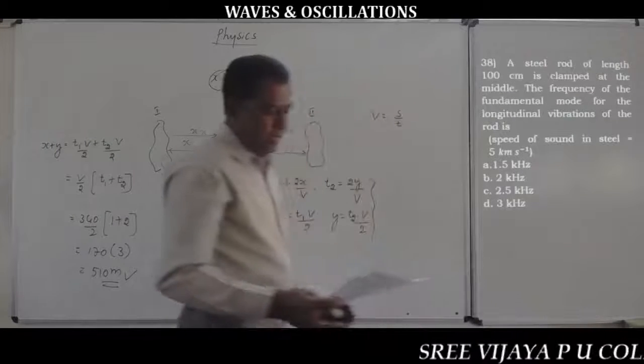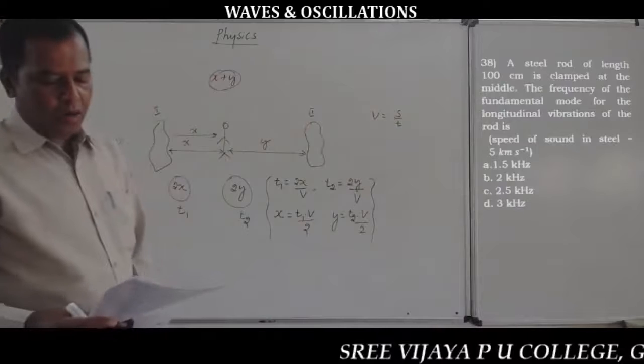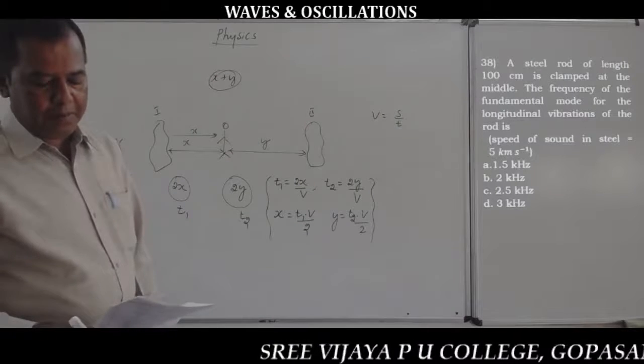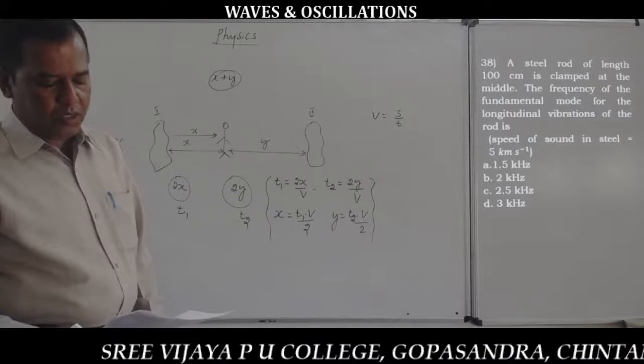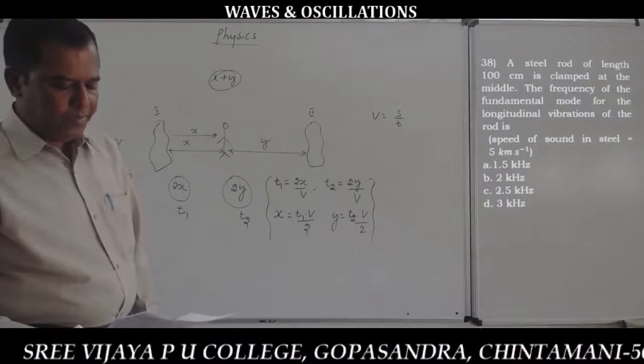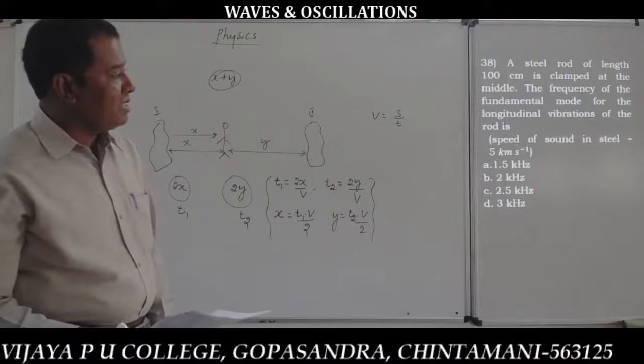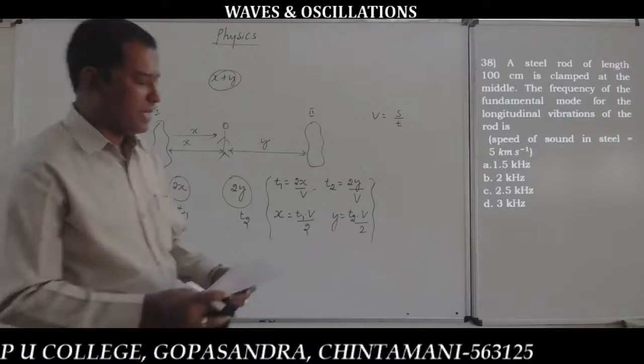So question number 38. A steel rod of length 100 cm is clamped at the middle. Find the frequency of the fundamental mode for the longitudinal vibrations of the rod, given the speed of sound in steel, which is known as 5 km per second.